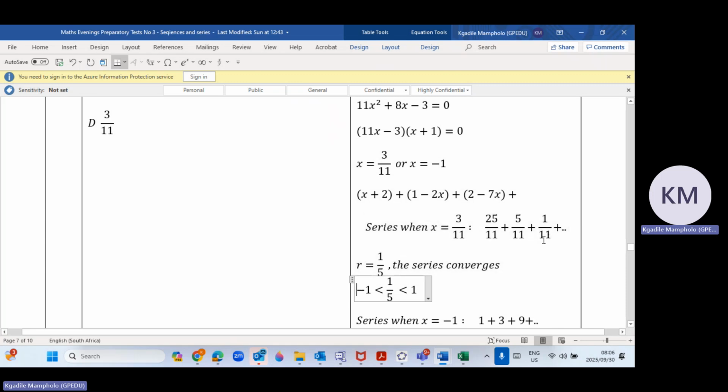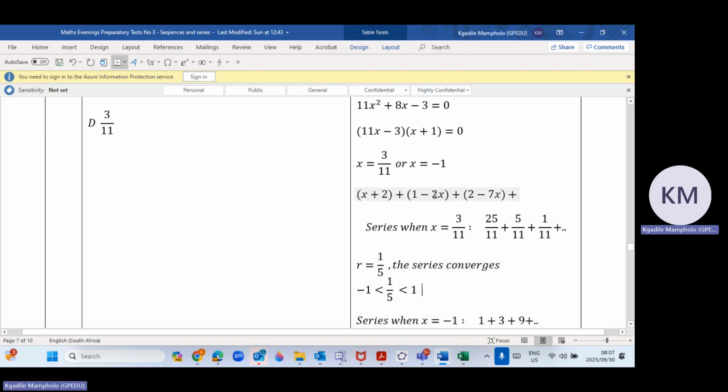Or 1 over 11 divided by 5 over 11, you still get 1 over 5. This 1 over 5 is between -1 and 1, so when x is 3 over 11, the series converges. But let's check when x is -1. When you put -1 here, -1 plus 2 is 1.